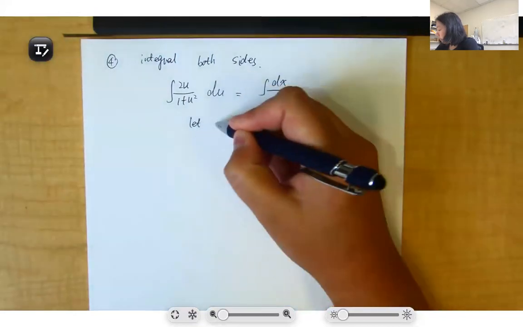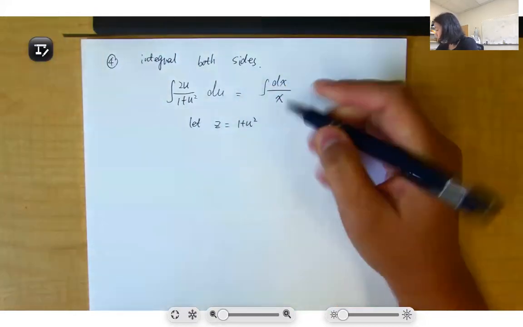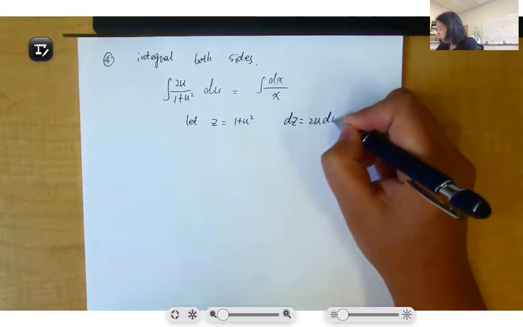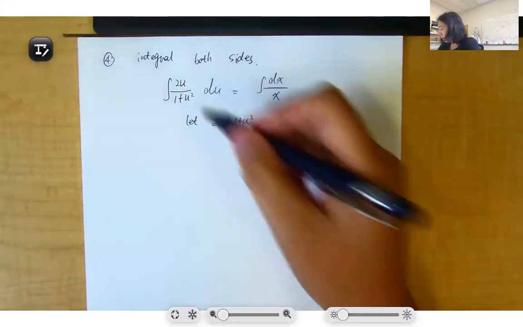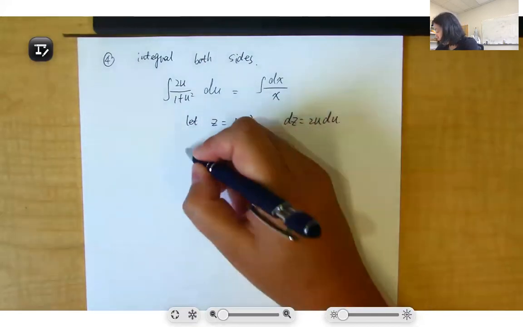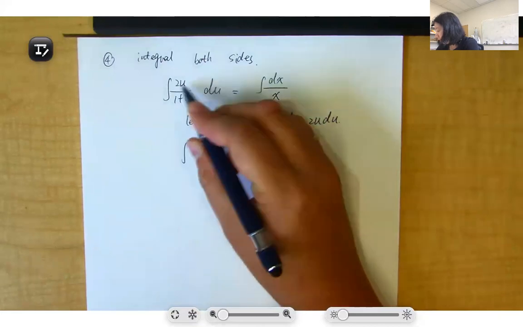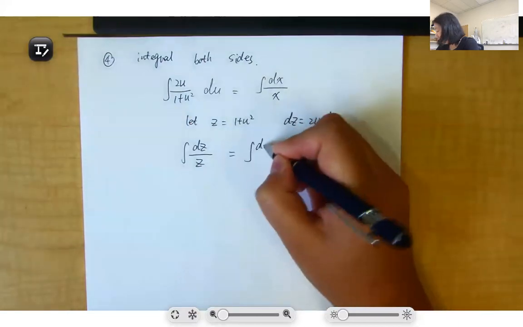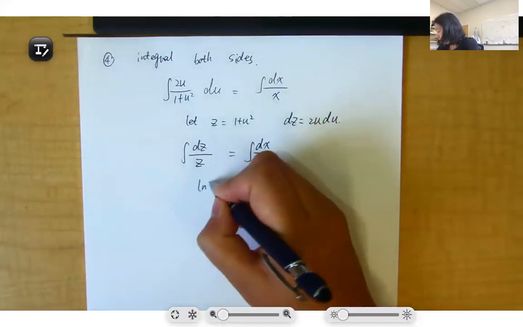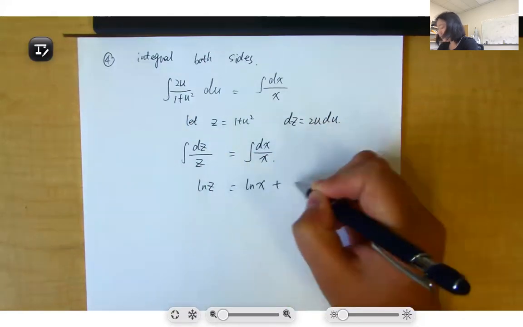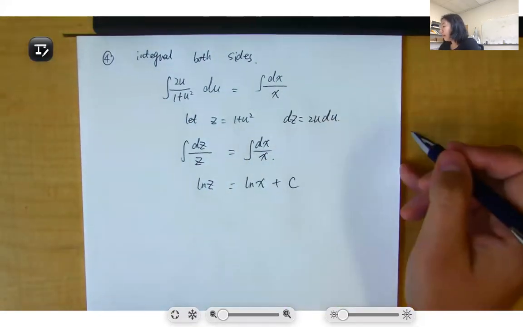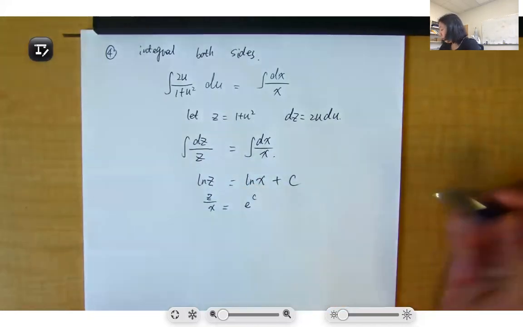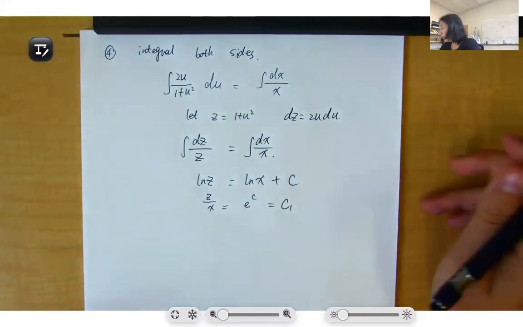And let z equal 1 plus u squared, then we know that dz will be equal to 2u du. So we switch the z with the u part, which is the integral of dz over z equals the integral of dx over x. So we get ln z equals ln x plus some constant. And we get z over x will be equal to e to the c, which is some constant c1, right?